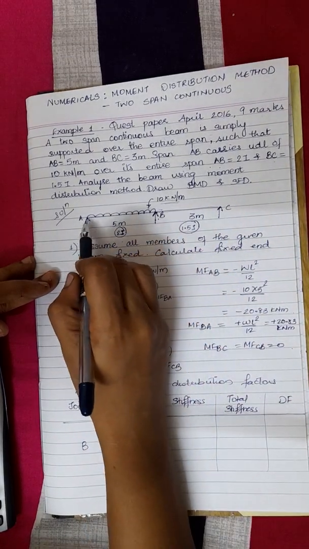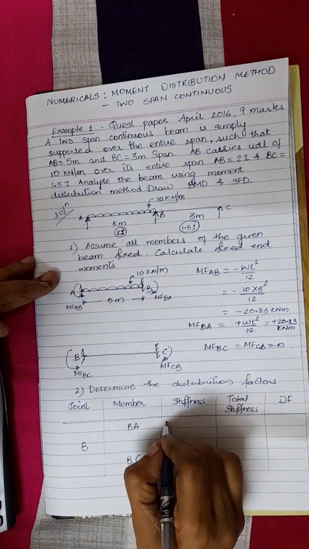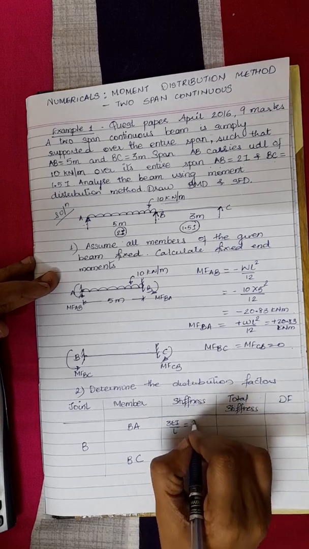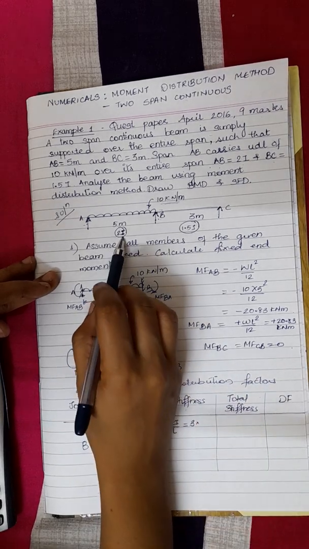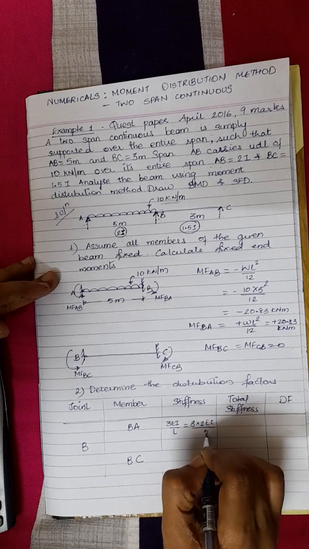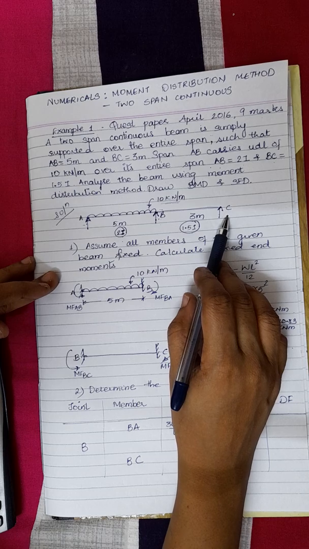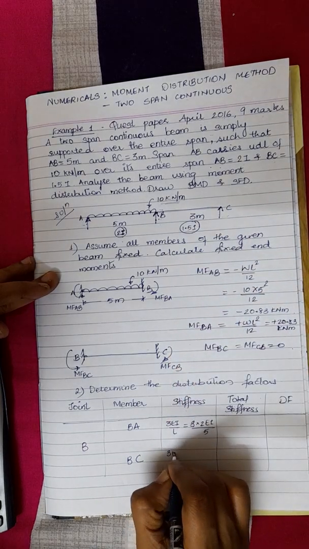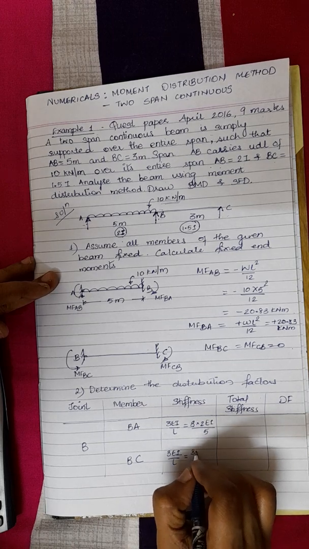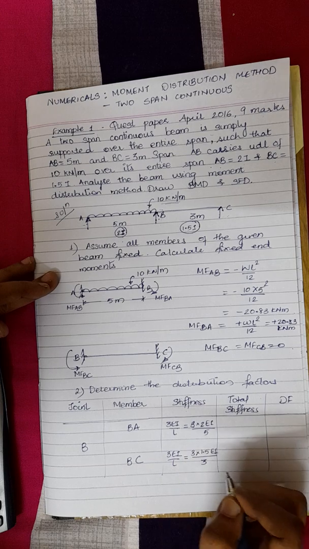For BA, the far end is simply supported. So the stiffness will be 3EI by L, which is 3 into 2EI by 5. Similarly, for BC, the C end is simply supported, so the stiffness is 3EI by L, which is 3 into 1.5 EI divided by 3.